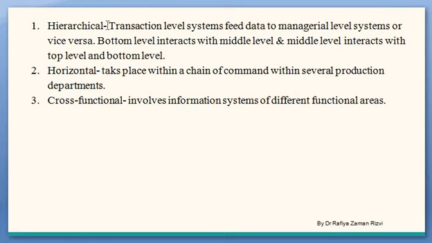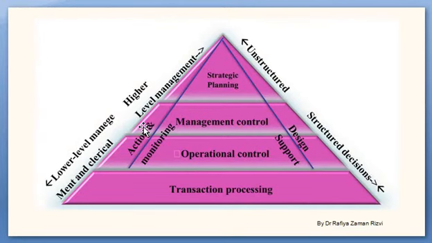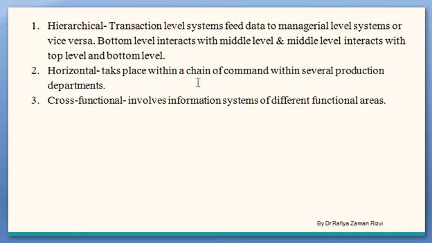Hierarchical means transaction level systems feed data to managerial level systems, or vice versa. Transaction level we have already studied. Let's come here. These are the transaction levels, where transaction processing feeds data to managerial level systems, so to the middle level, or vice versa.